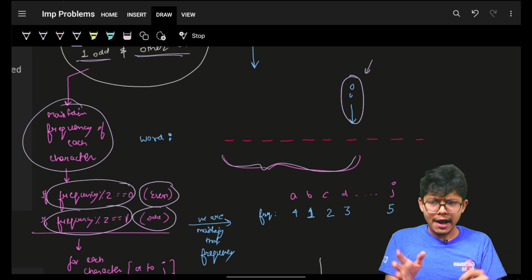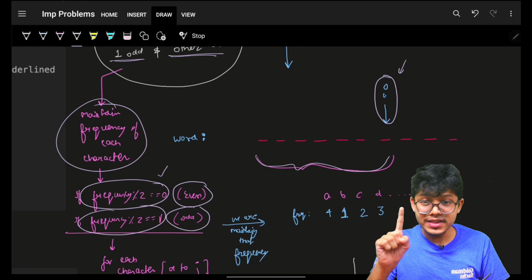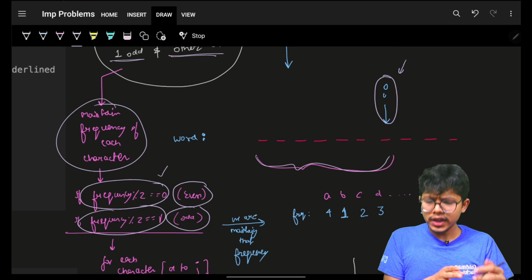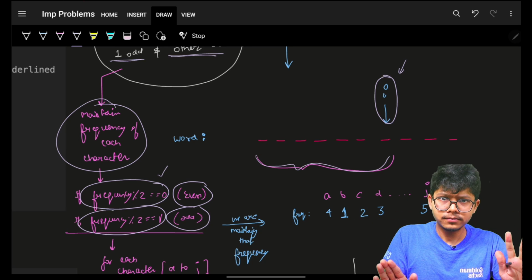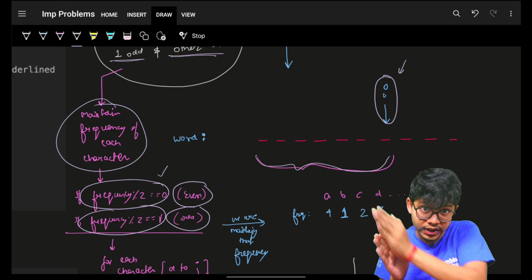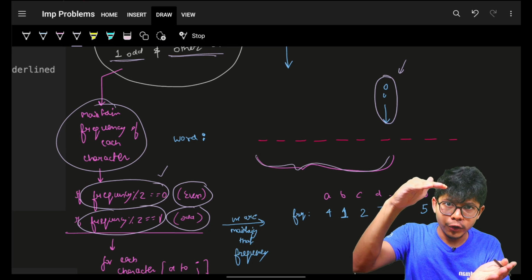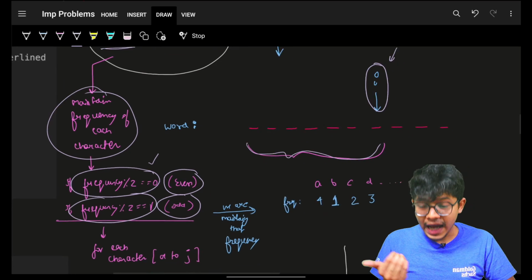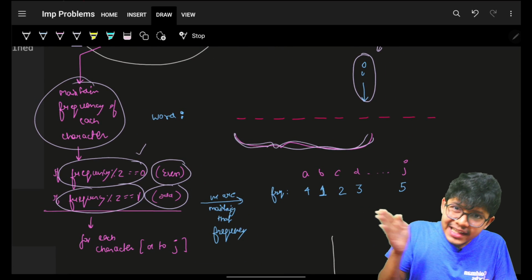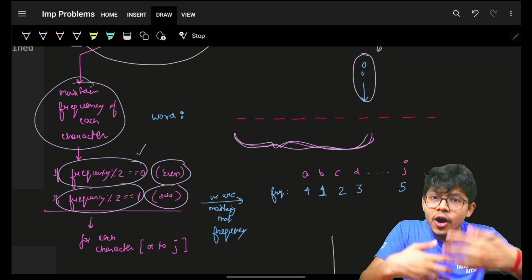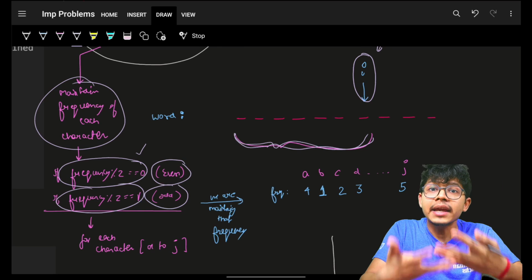So I will maintain the frequencies, and I also have to make sure that I am maintaining them in the order I am going, because I know that I can only go over the entire array once in one for loop. So as I'm going from left to right, I'm maintaining the frequency of the character, how many times the character came in the picture.